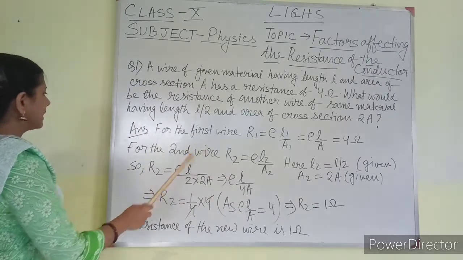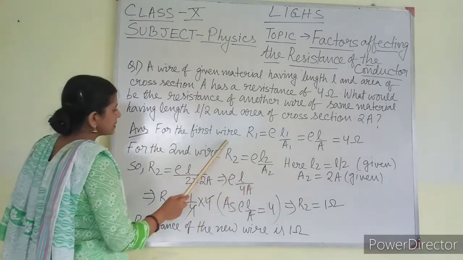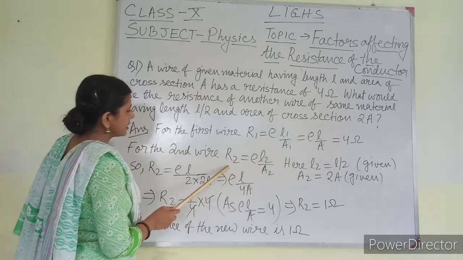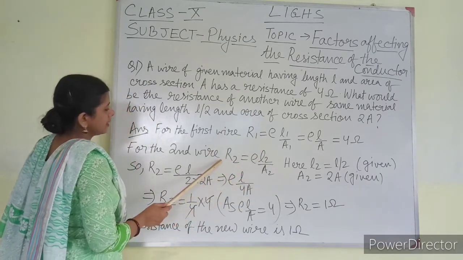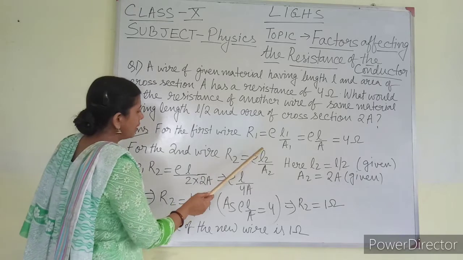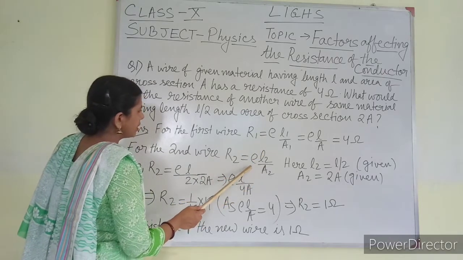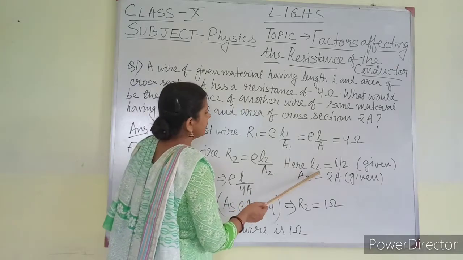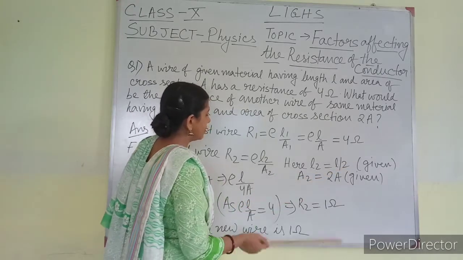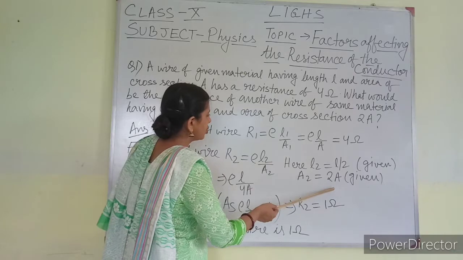Now for the second wire I am going to use the same formula, resistance equal to resistivity into length by area, that is R2 equal to rho L2 by A2. Rho is constant for both. In the question it is given that L2 equal to L by 2 and A2 equal to 2A.